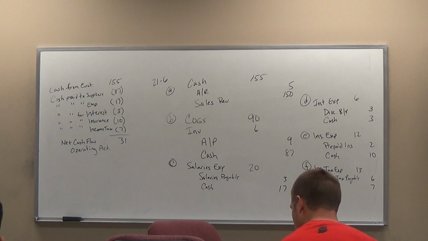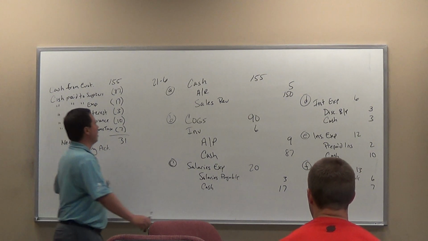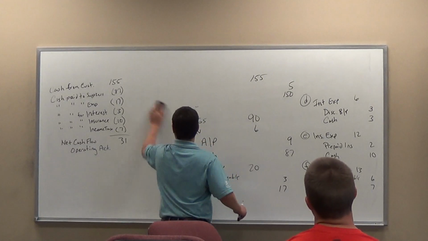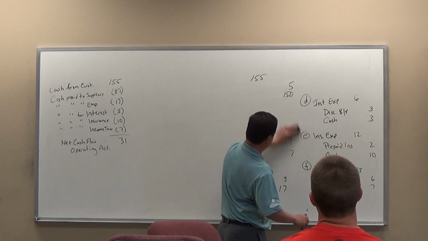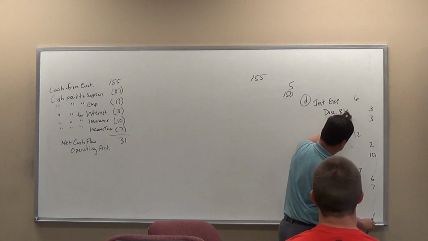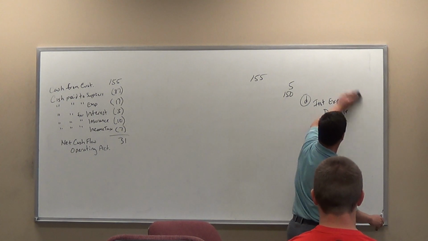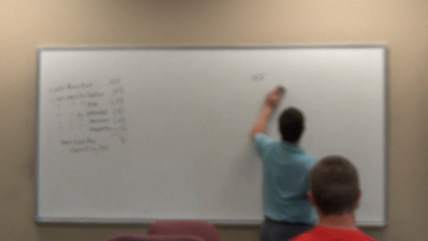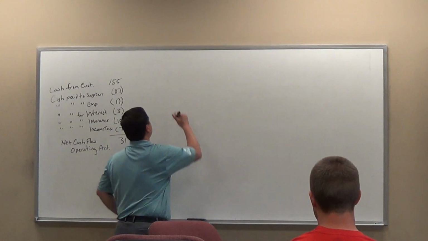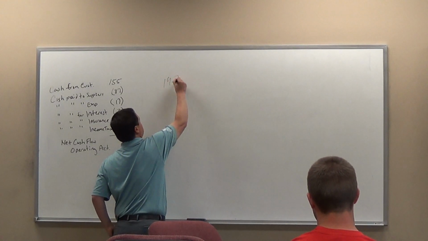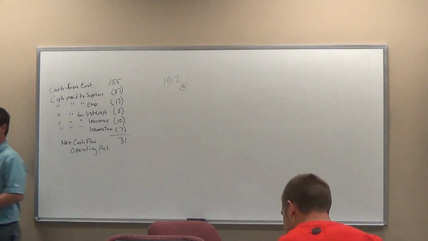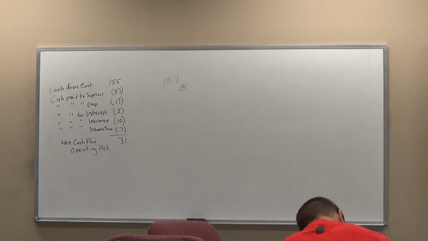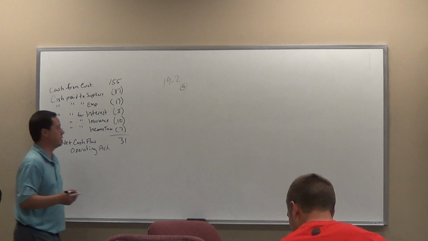All right. I'm going to erase this here. So what do we do to figure out what the total would be there? Basically, for 19-2, we're going to take the amount of shares that they can exercise and multiply it by the price.